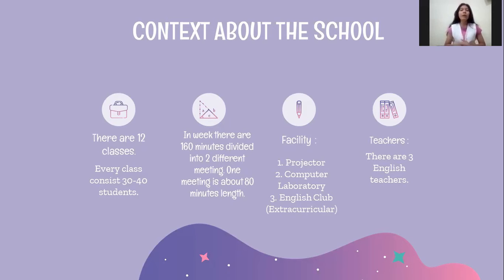Each meeting is about 80 minutes length, and the facilities provided by the school are projector, computer laboratory, and English club as an extracurricular, provided to support the students' English learning process. So the students are also assisted by the 3 English teachers.